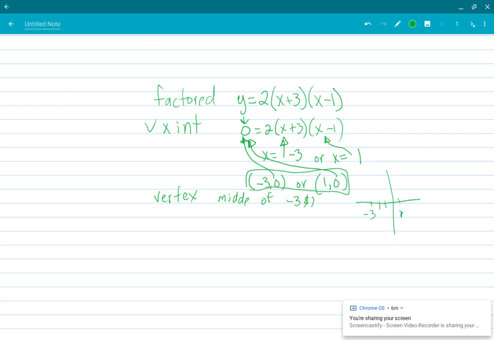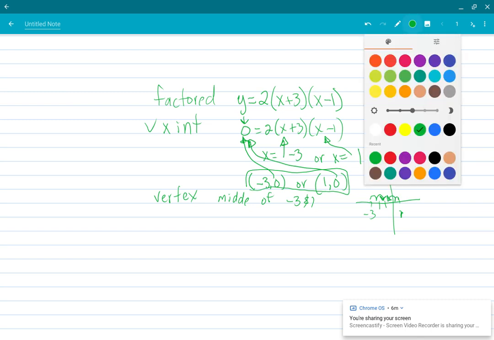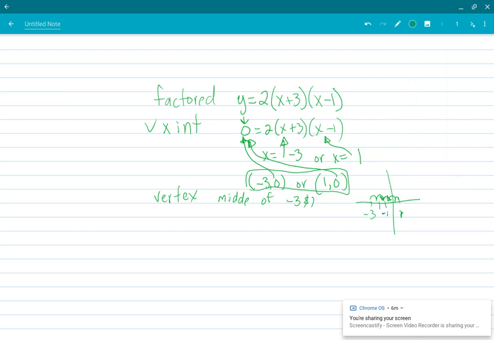You can say, oh, the middle is right there. And so what number is there? -1. Okay. So then you're going to say the vertex has x equal to -1.